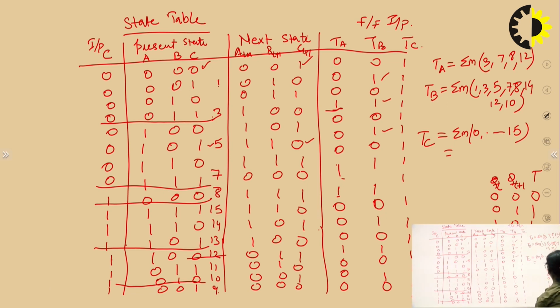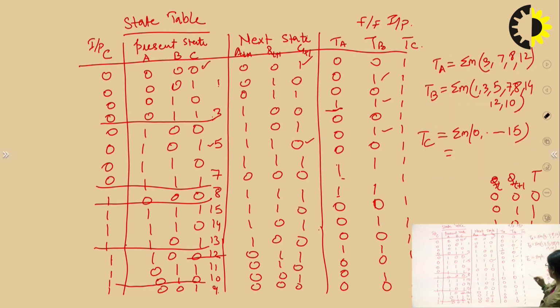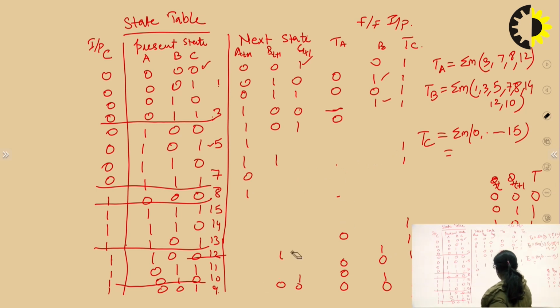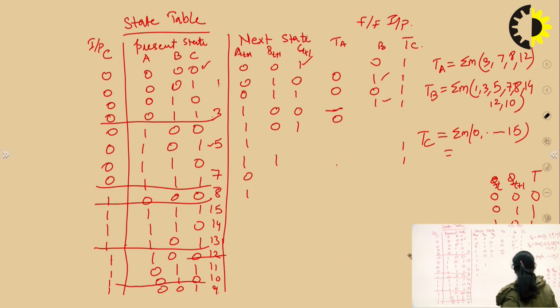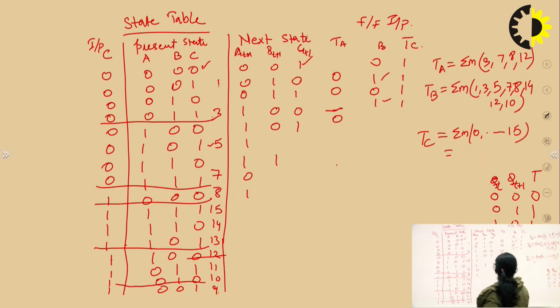Okay. So now we have to solve the KMF for these terms. We have to solve KMF for TA as well as for TB.